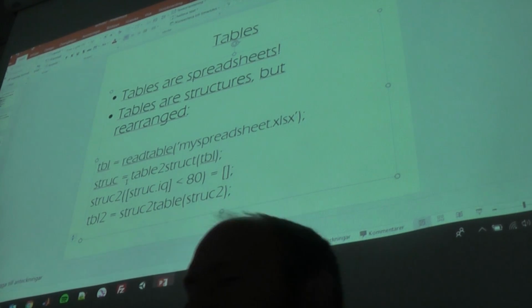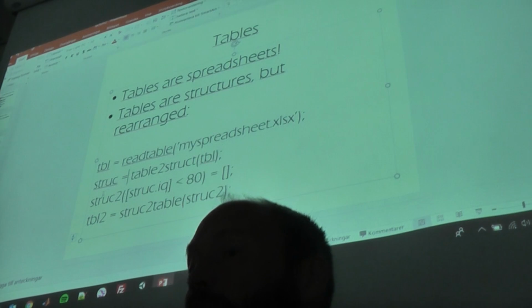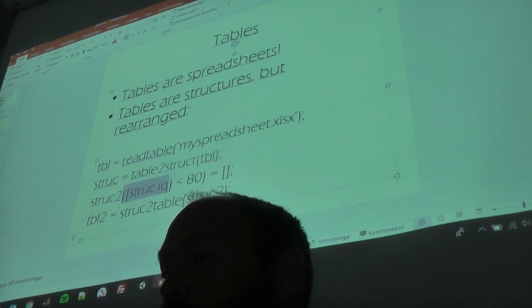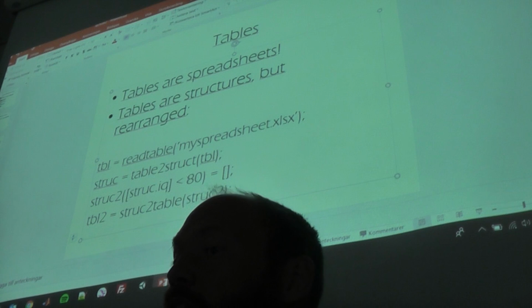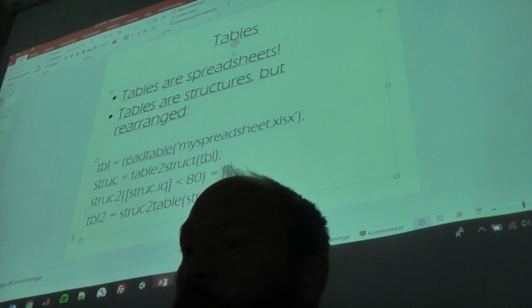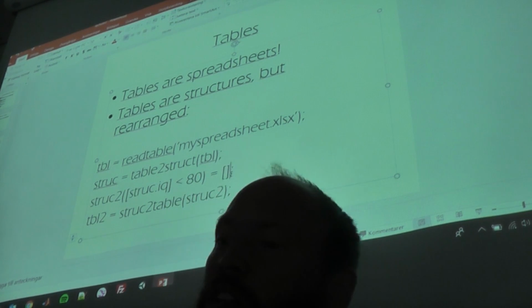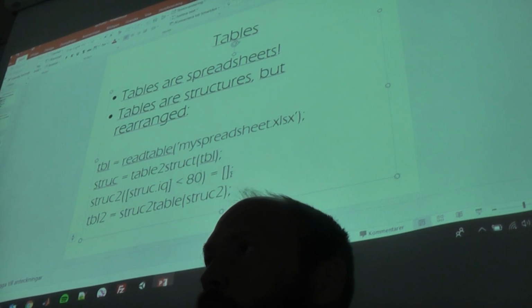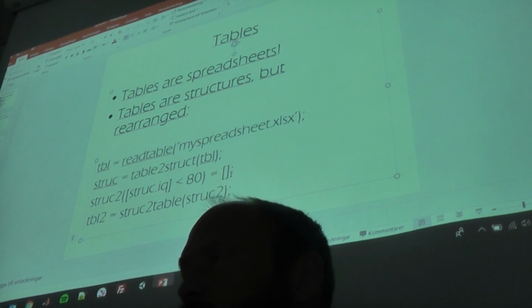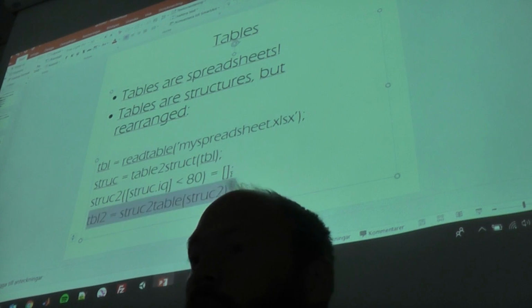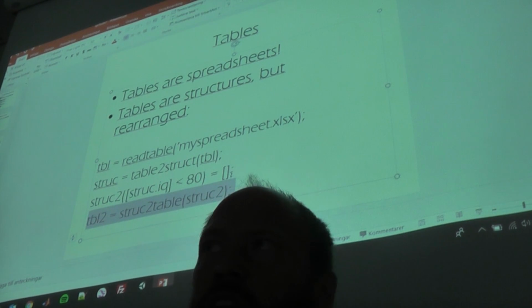You can do it in other ways, but with this new structure we can take all the IQ values with hard brackets and find the ones which are below. Actually, we remove the rows in the spreadsheet where the IQ is too low. We just excluded some subjects because of our exclusion criteria, and then we make it back into a table.